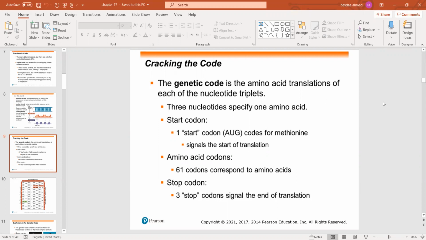Although more elaborate techniques were required to decode mixed triplets such as AUA and CGA, all 64 codons were deciphered by the mid-1960s. 61 of the 64 triplets code for amino acids. The other three codons act as stop signals, or termination codons, marking the end of translation.